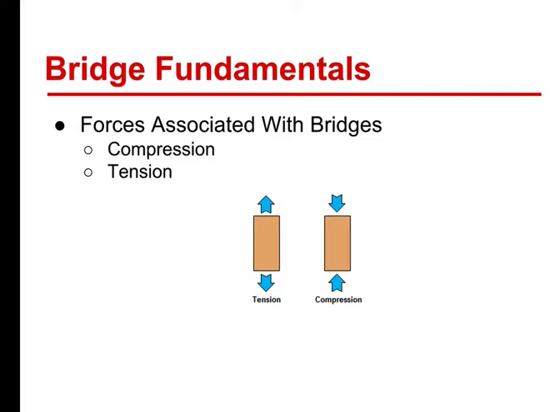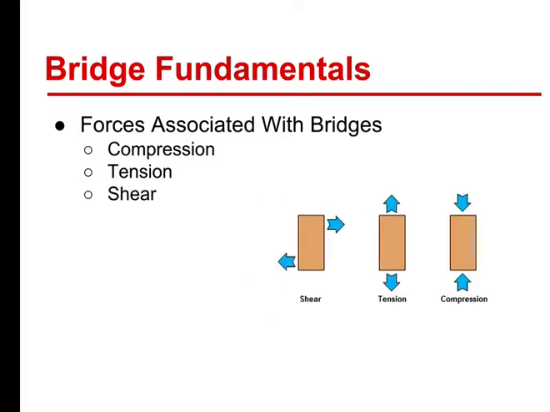The old saying, getting them to do what I want is like trying to push a rope. Pushing, or compression, doesn't work well with a rope. Tension does. Shear is where the top half is going in one direction and the bottom half is going in a second direction. That can be one of the nastiest forces there.